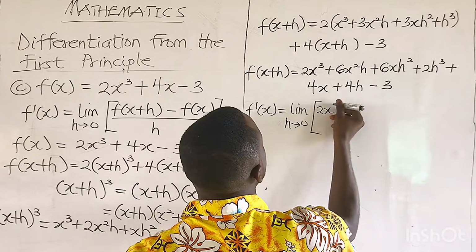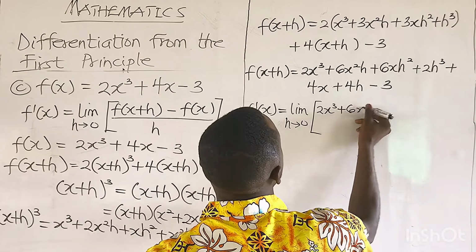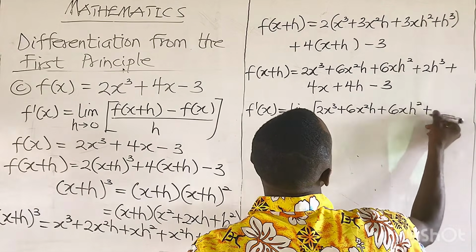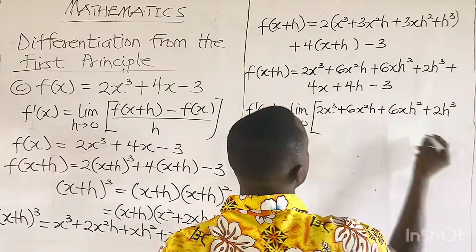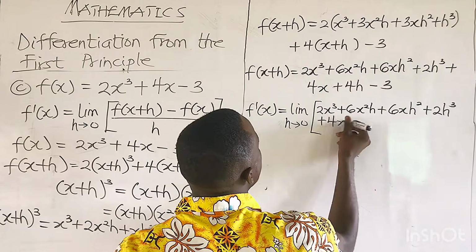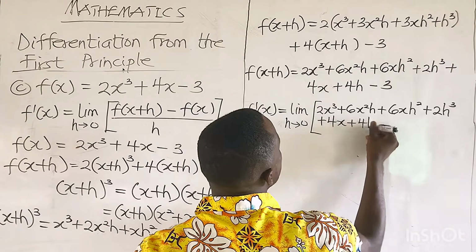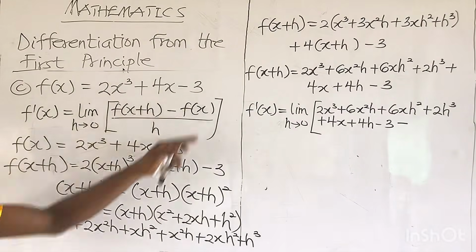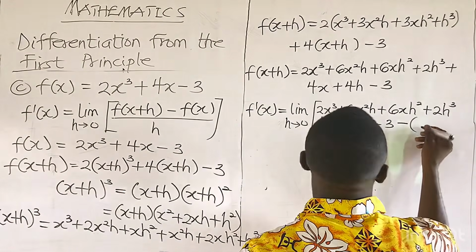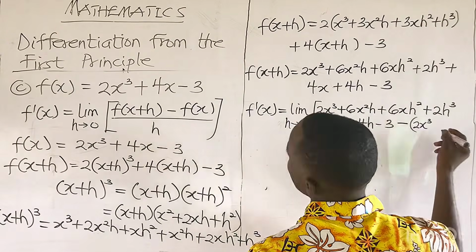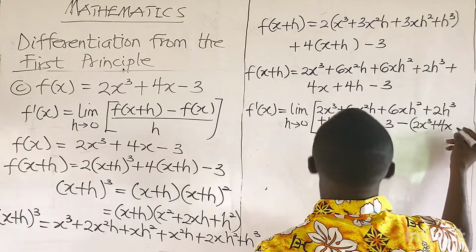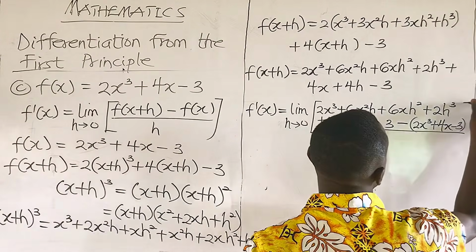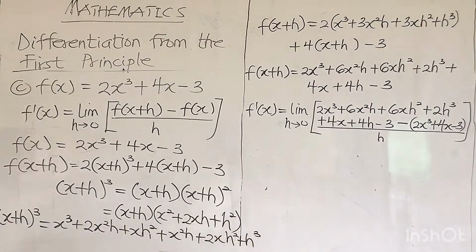So we have 2x cubed plus 6x squared h plus 6xh squared plus 2h cubed plus 4x plus 4h minus 3 minus f of x, and this is my f of x. So minus bracket open, I have 2x cubed plus 4x minus 3, all over h. Then you close the bracket gently.